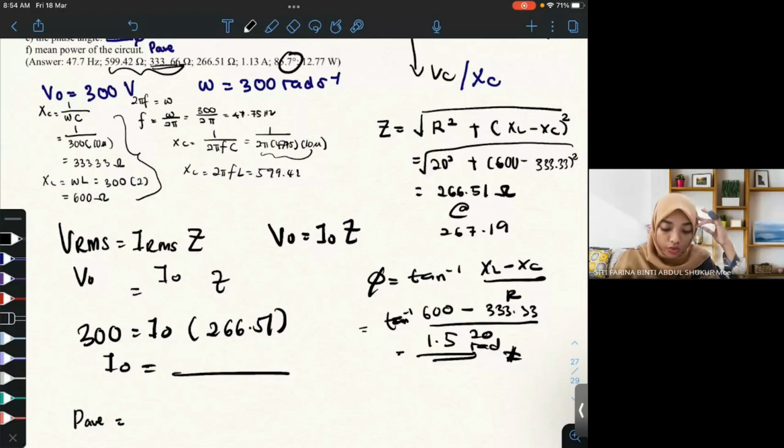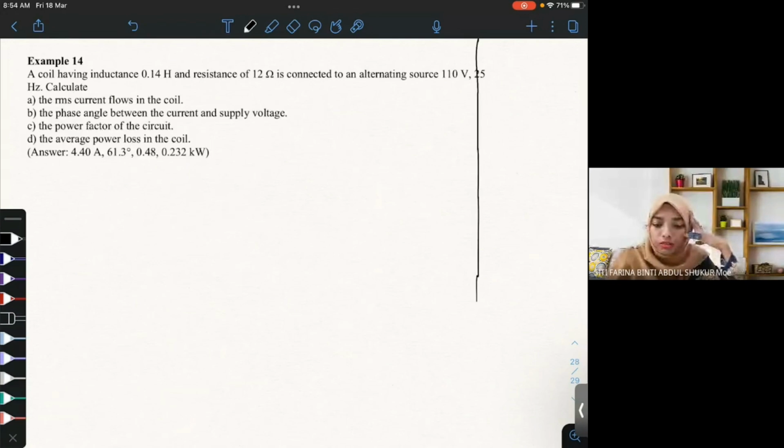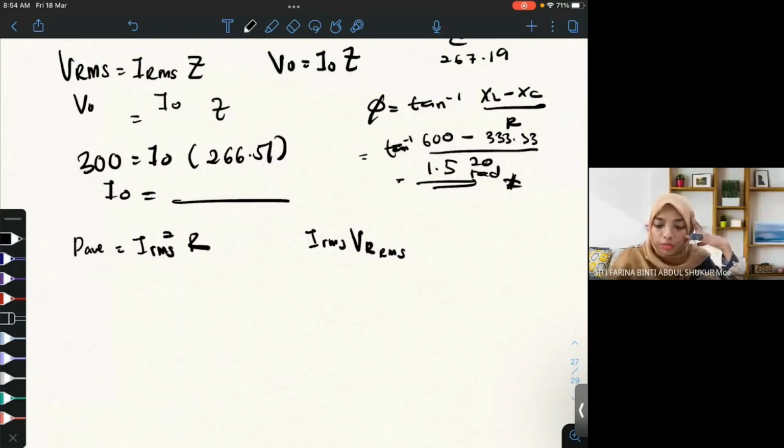So for the overall, it will be I RMS square across the resistor. Or if you want to use I RMS V, it must be V across the resistor only. Okay, because P is equals to IV, V square over R or I square R. The V here must be across the resistor only.